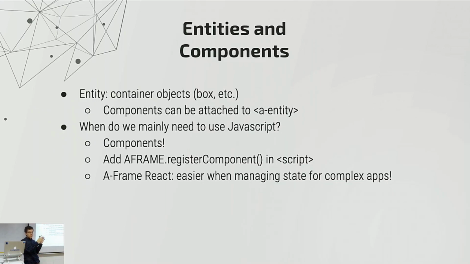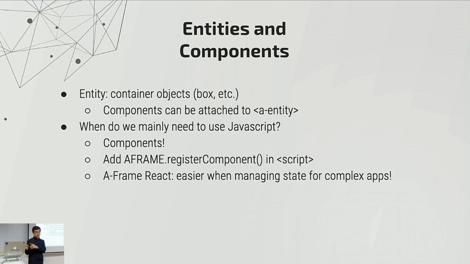So primitives are basically built-in entities, which are container objects like the box and the sky. Components can be attached to these entities. There are many preset components like position, color, and animation, but sometimes we want a little more customization.